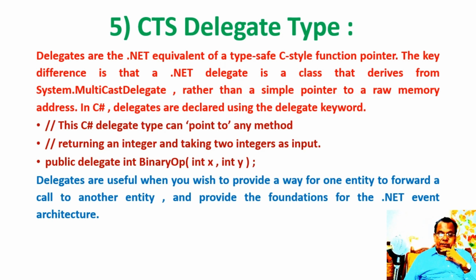Next, see the declaration is like this: public delegate int BinaryOp. The keyword is delegate, the return type is int, and the name of the delegate is BinaryOp. In brackets we are passing two arguments of type int: int x, comma, int y, close the bracket, semicolon. Fine.